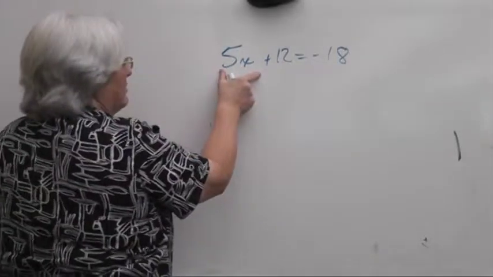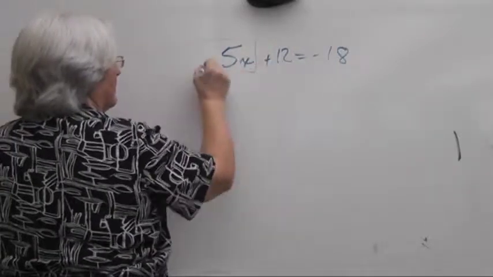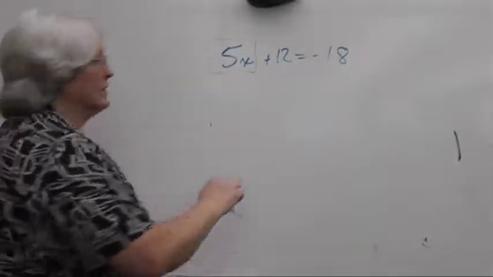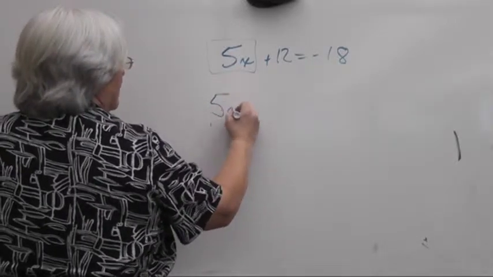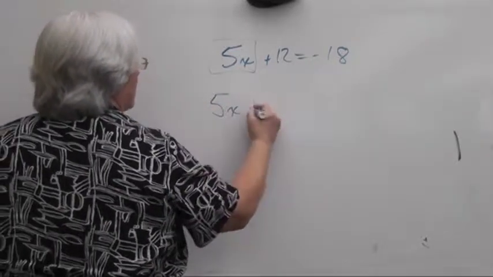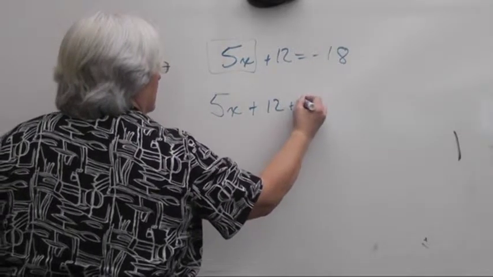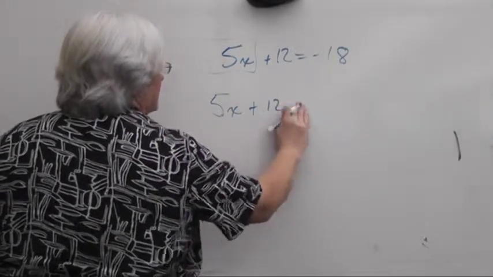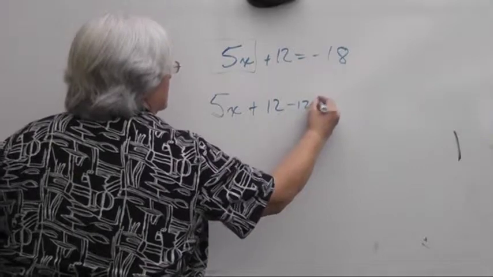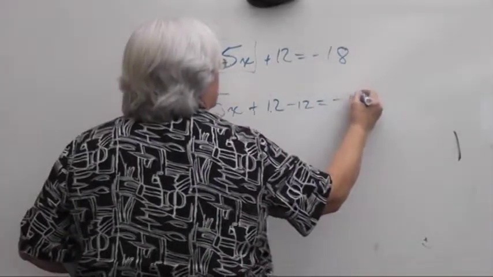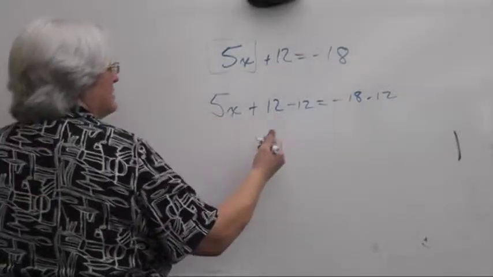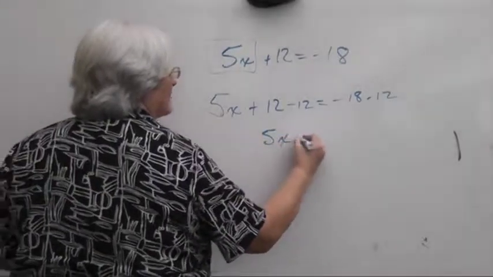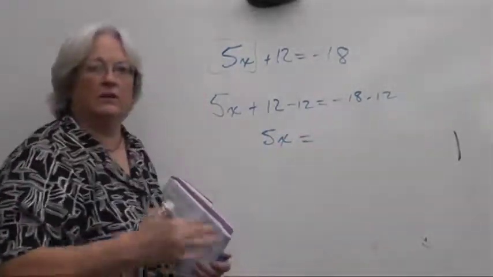So we have to isolate our variable, which means first, we're going to isolate the term that has the x in it. We've added 12 here. If we subtract 12 from both sides of the equation, it's going to help us a lot. Let's see what happens. So we have negative 18 minus 12. 5x plus 12 minus 12, you simply have 5x.